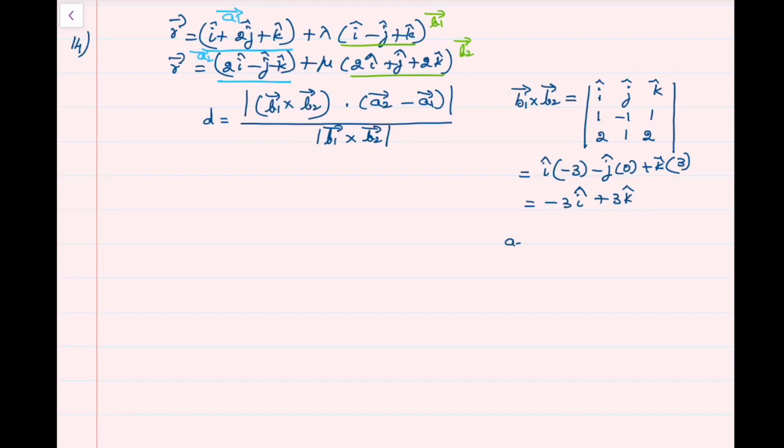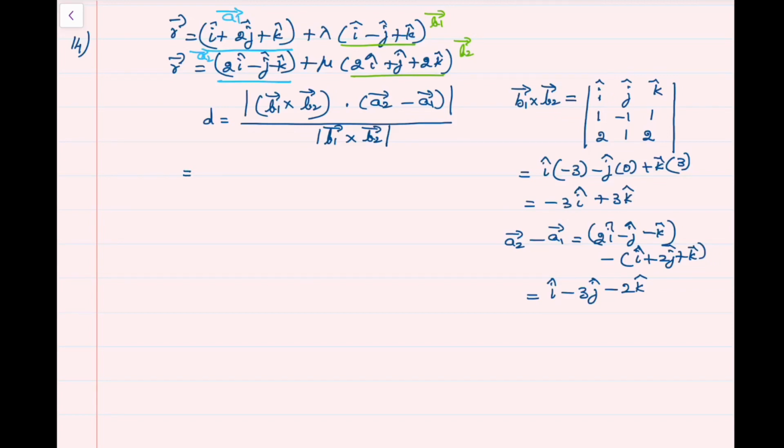Let us find a2 minus a1. Vector a2 is 2i minus j minus k and minus of a1 vector is minus i minus 2j minus k. Let us subtract. 2 minus 1 is 1i, minus 1 minus 2 is minus 3j, and minus 2k.